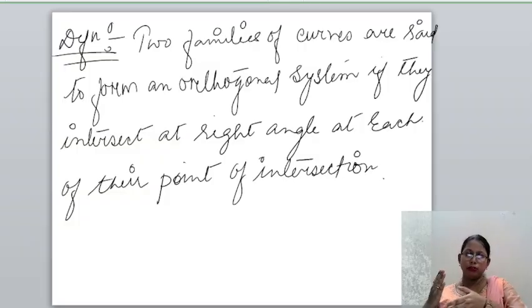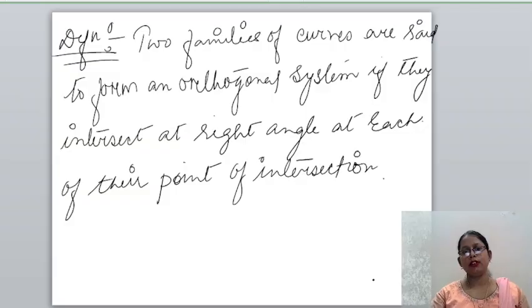If two families of curves intersect each other at right angle at each point of intersection, then the families of curves are said to be in orthogonal system.